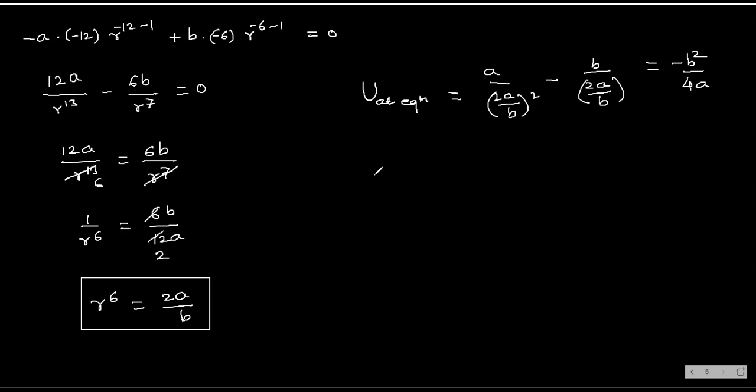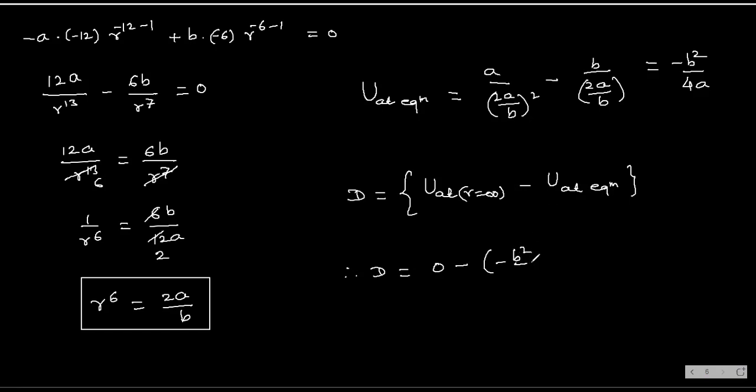Now what is D equal to? D is U at R equal to infinity minus U at equilibrium, so D is equal to 0 minus minus B square by 4A. Minus and minus becomes plus, so this is equal to B square by 4A.